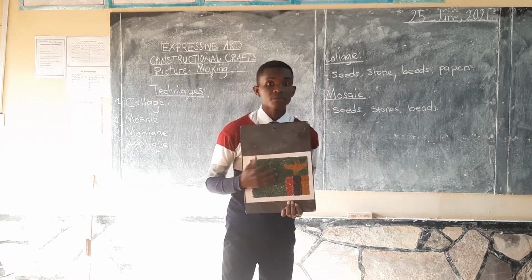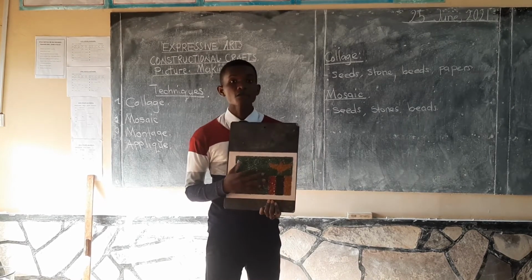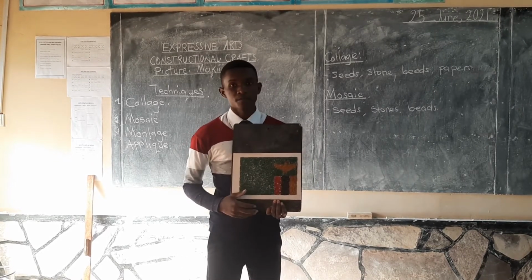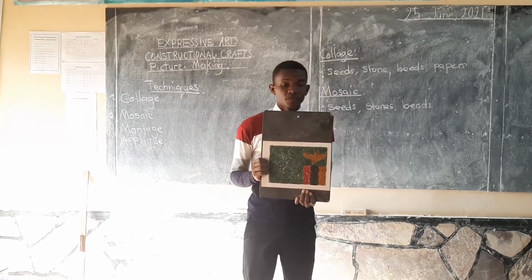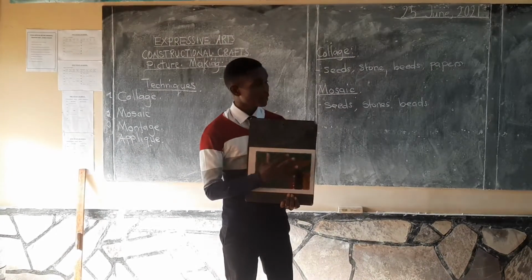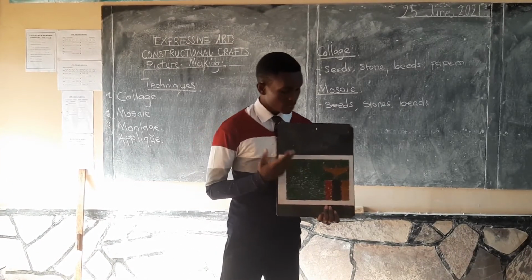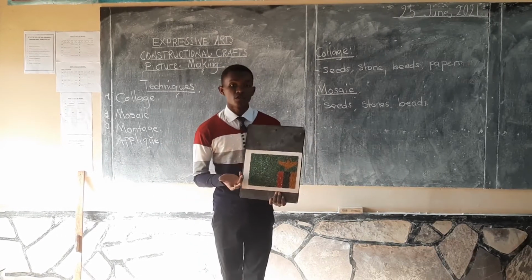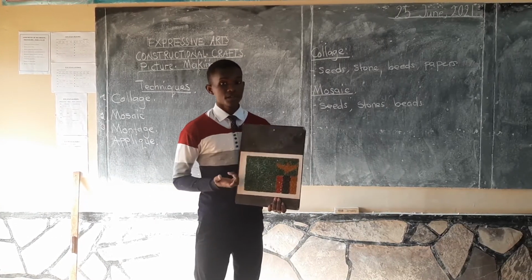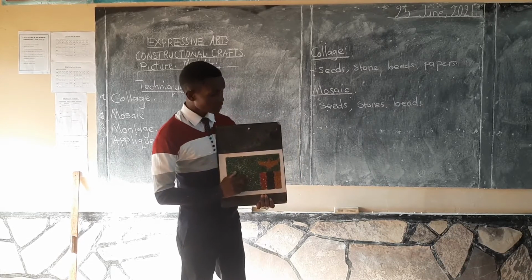This flag of Zambia was made using beads. I used beads of different colors, but just one material, which is the beads. So it helps the picture to look attractive and nice. You can make anything using these techniques.